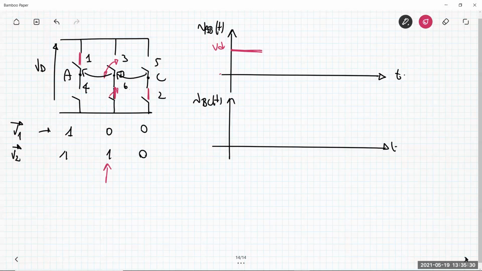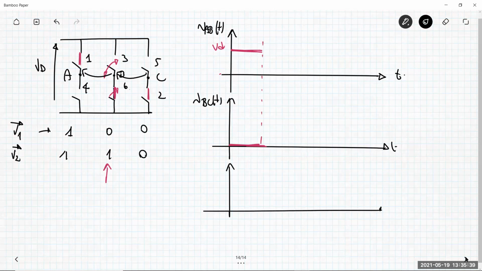So you have 0. And then you have VCA. VCA is this voltage here, and this is negative VD. Exactly the three voltages that we used for the derivation of the space vector: VD, 0, negative VD. And this is the situation that lasts anytime you have this space vector V1.